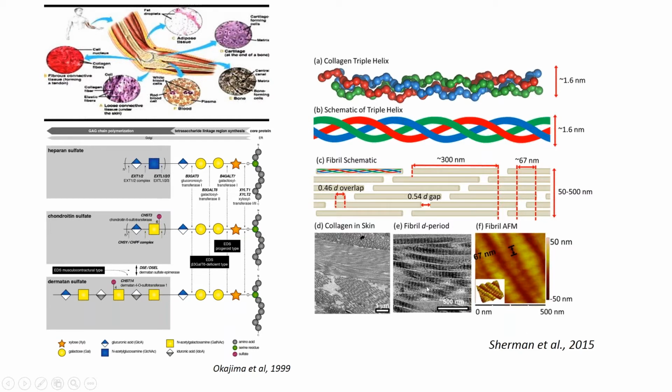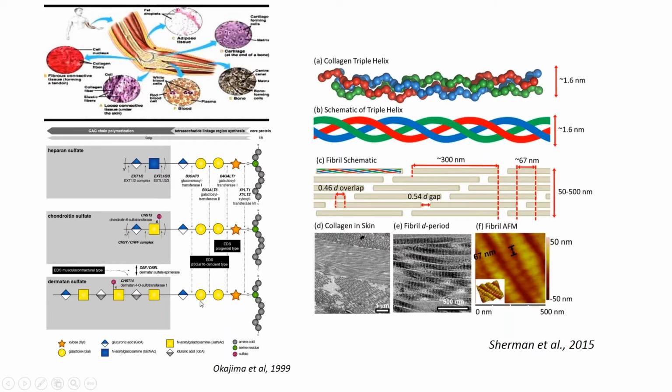So these are the fibrillar collagens, and over here on the left-hand side of this slide, we see some of the proteoglycans that play an important role in some of the rarer types of the Ehlers-Danlos syndromes. Here you see the core protein on the right-hand side of this illustration, and then the addition of different sugar moieties that make up the extensions, or what we call the chain polymerization, to create heparan sulfate or chondroitin sulfate or dermatan sulfate.